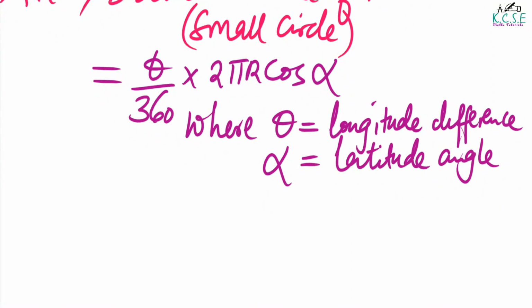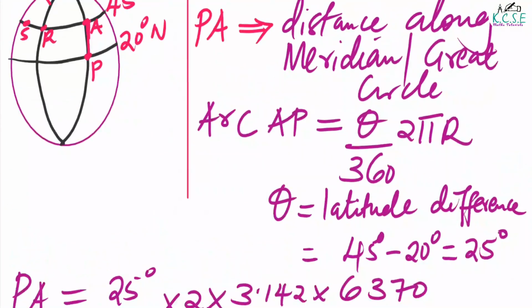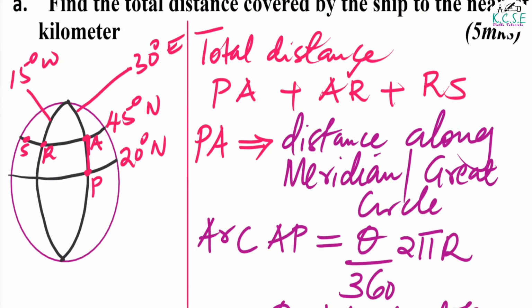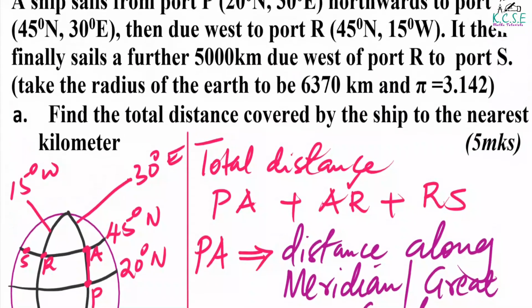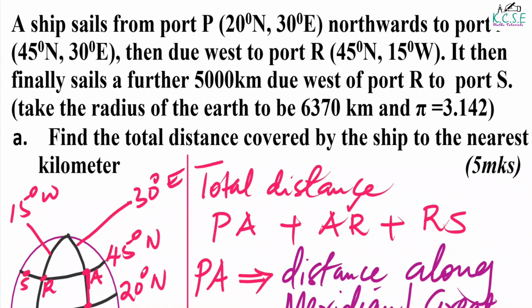So we need to identify these now. Let's start by getting the longitude difference for distance AR. We have the positions here. The position of A is 45 degrees north, 30 degrees east, and R is 15 degrees west. So to get the longitude difference, we use 30 degrees east and 15 degrees west.